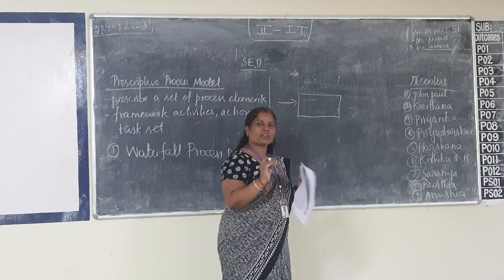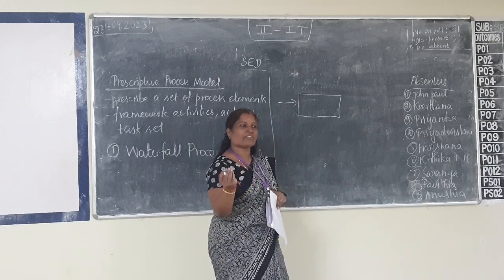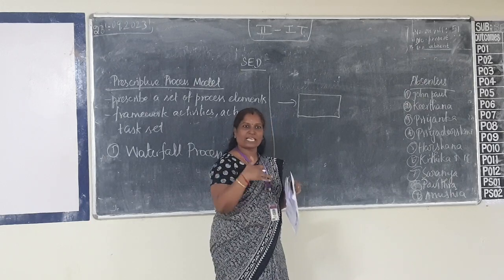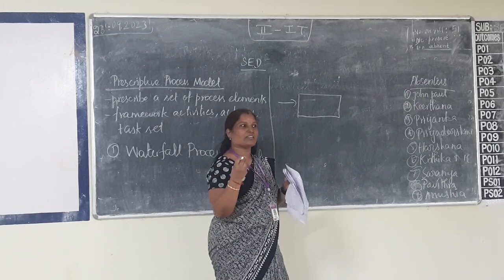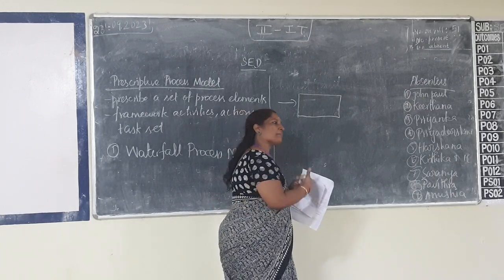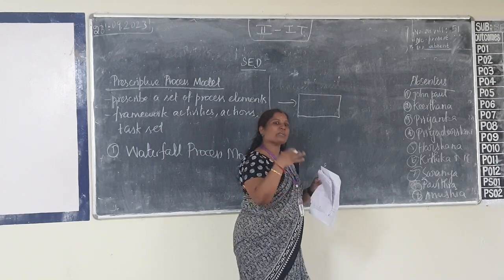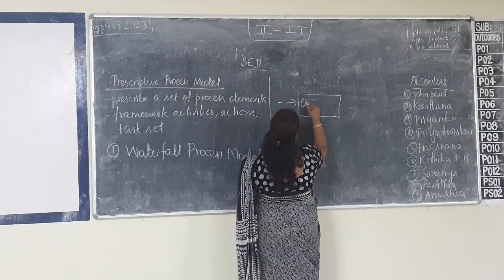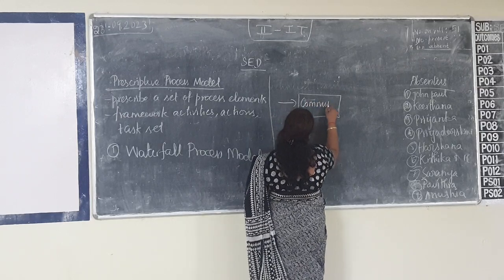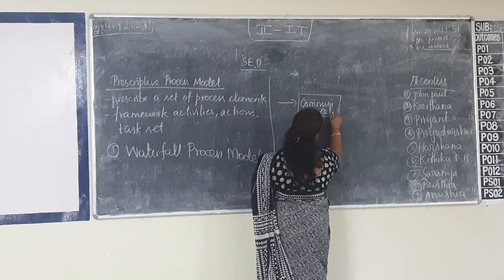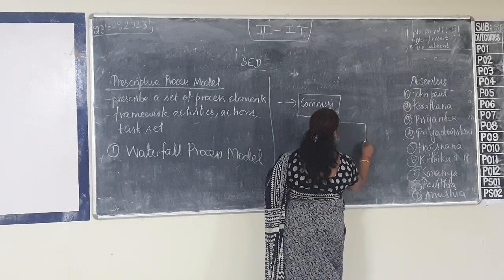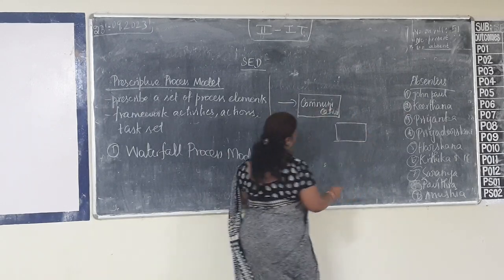Where the project is very simple and the users are only few, the direct names may be used, whereas in some other models the names will be changed. So in the waterfall model, as I mentioned, all the 5 framework activities will come.